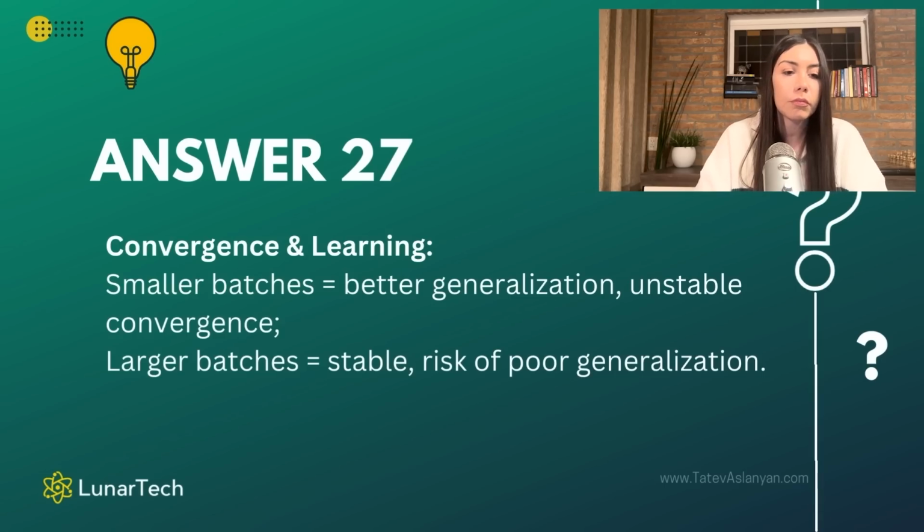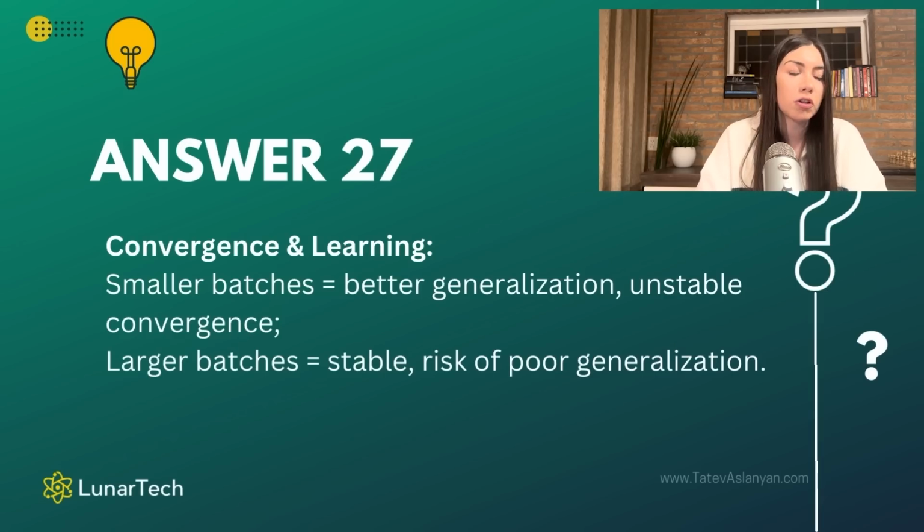Then when it comes to the learning dynamics, the batch size will impact the model's ability to escape the local optimum. If we use smaller batch sizes to estimate the true gradient, then this gradient will be noisy, which also means that the learning will be inconsistent and is more likely to impact the quality of the optimization process and to catch the local optimum instead of the global optimum.